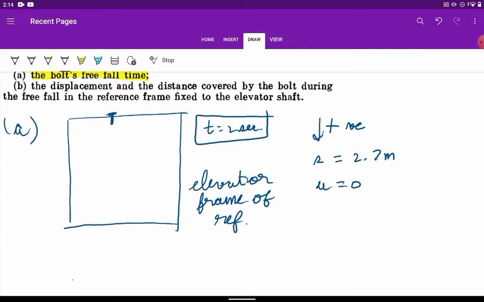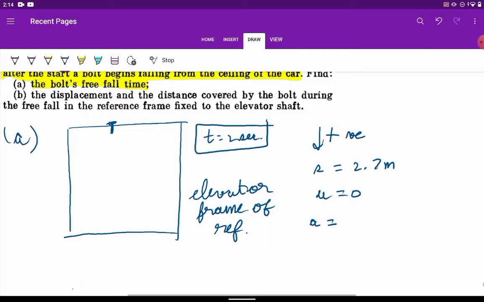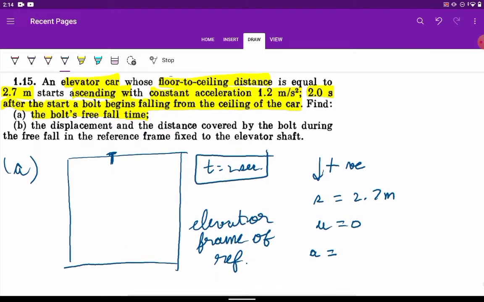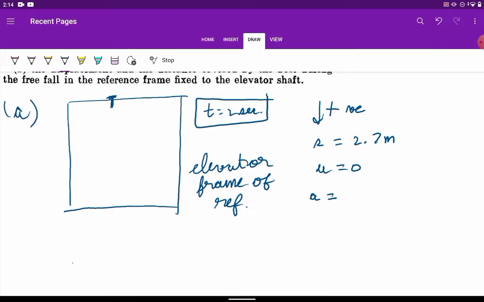The acceleration of bolt relative to the elevator is acceleration of bolt minus acceleration of elevator, right?